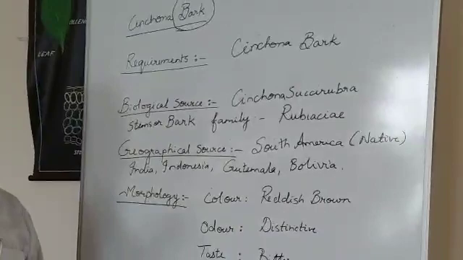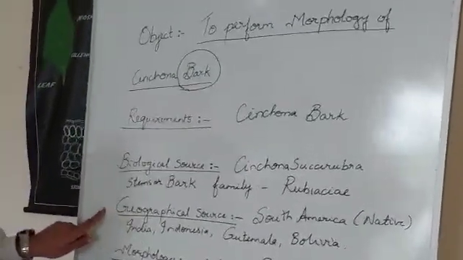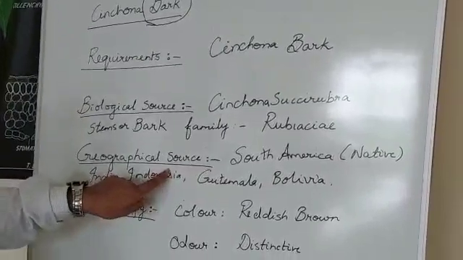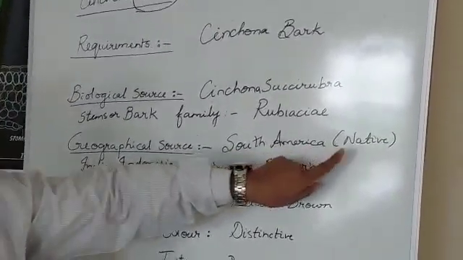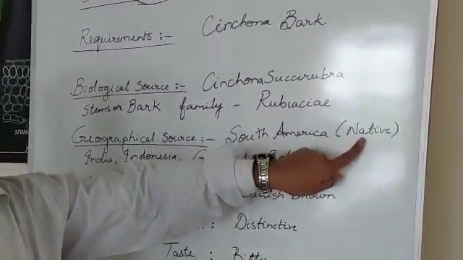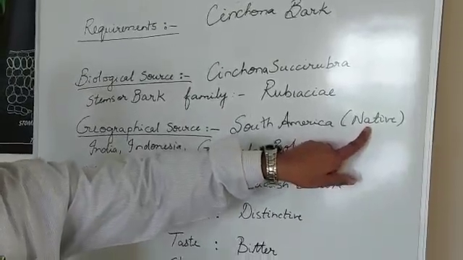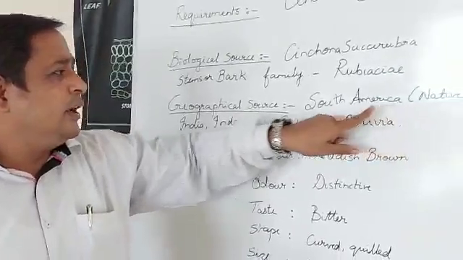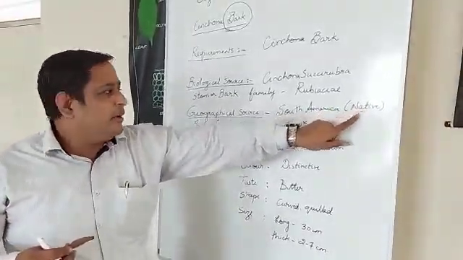Before going to morphology, let us see from where we got this drug. So here we study the geographical source. What is the geographical source? It is South America. It is native there. It grows wild over there without much work. It grows very easily there. Therefore, it is native to South America.